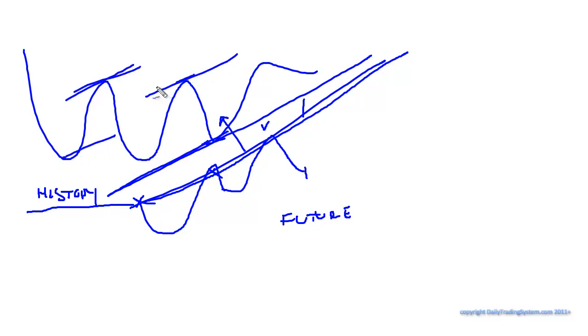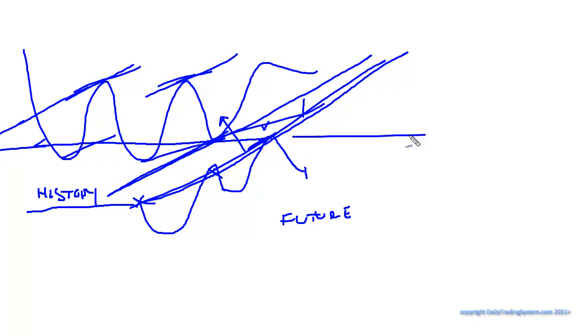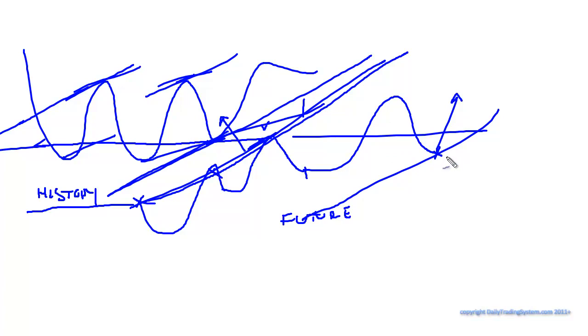Then these lines, we need to duplicate them, but we need to find the correct distance from wherever that trend line goes out to. It'll be X amount of bars, and once you've got X amount of bars, you need to draw that trend line over here, so when the market goes up later on in the future and hits that point, that'll be an area for you to buy.